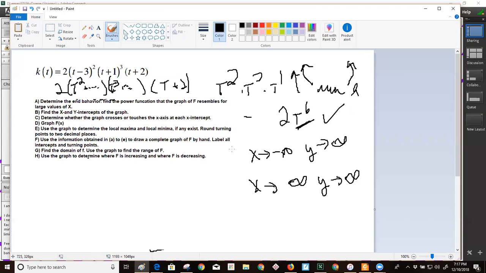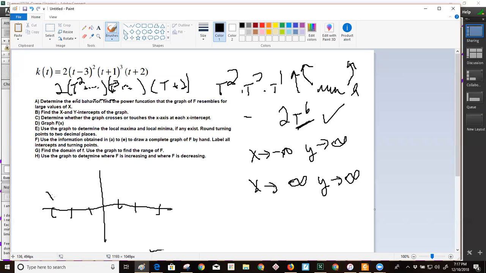Okay. Now they're asking us to find the x and y-intercepts. Well, the x-intercepts are, remember, any place along the x-axis, in this case the t-axis, but we're going to use x and t interchangeably.